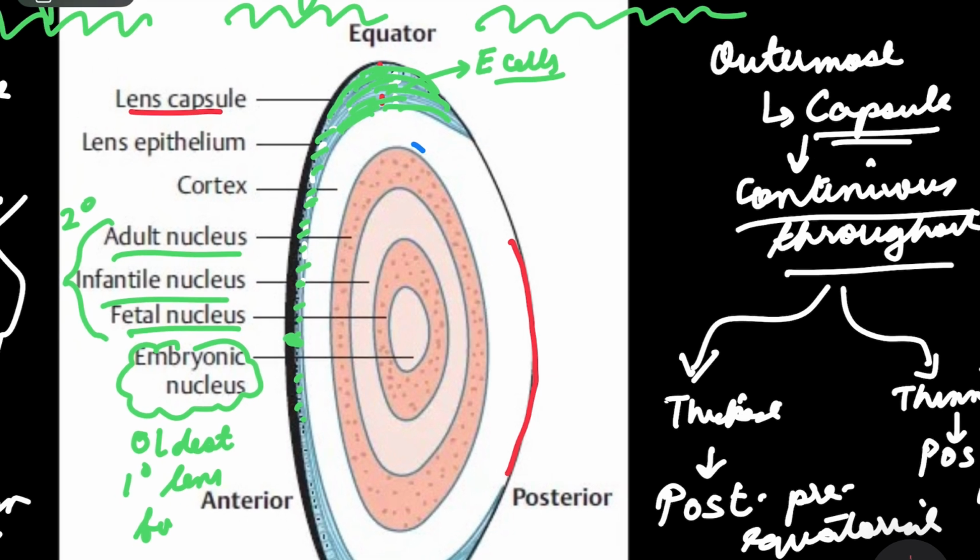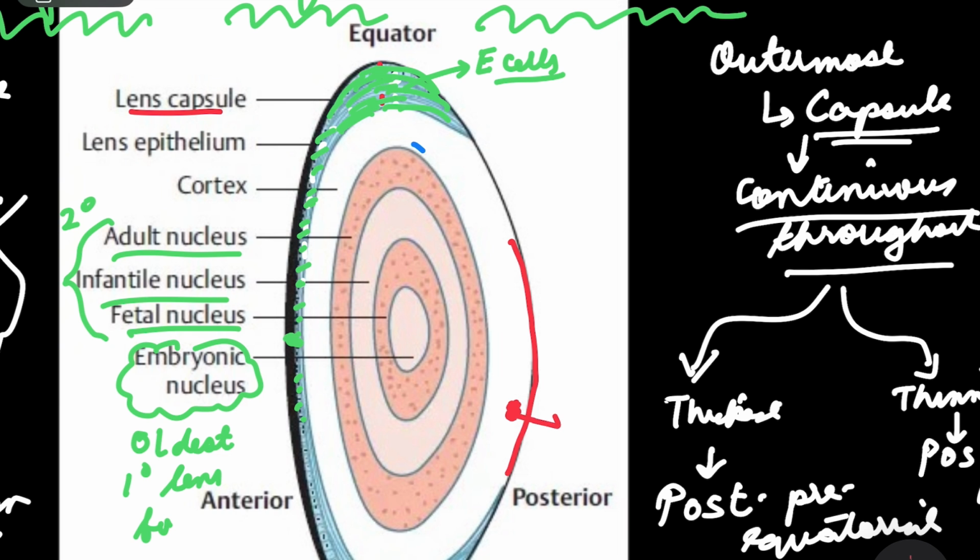Posterior subcapsular means that it is just below the capsule, in the posterior region, but not exactly in the capsule, very close to it. This is what posterior subcapsular means. Mark this position, a very, very important position this is.